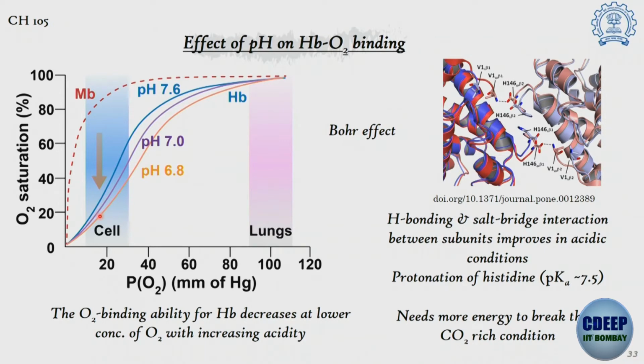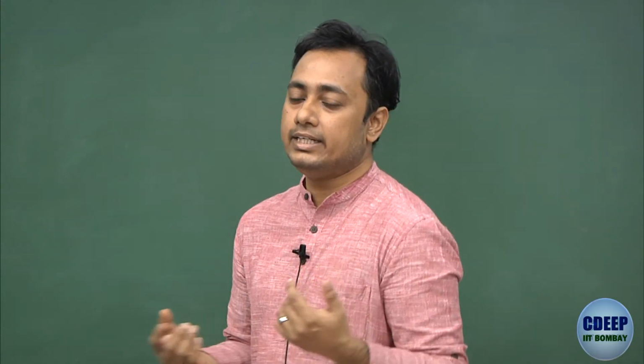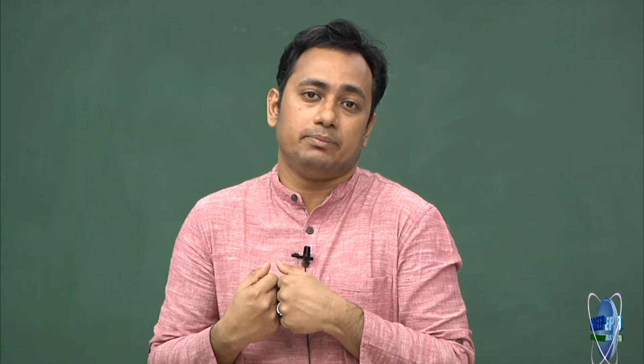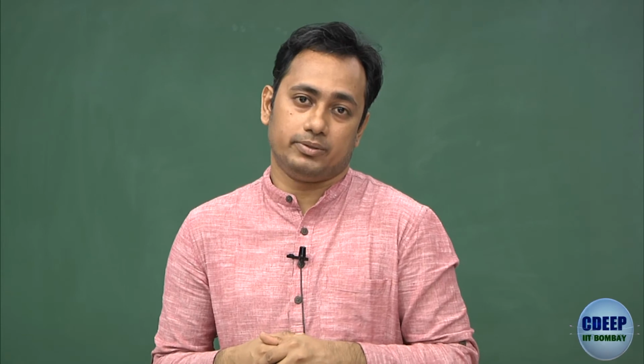So whatever oxygen is present in the hemoglobin in the cell will be released in the cell. That means the cell is trying to use whatever oxygen is available with the hemoglobin there. And that is actually a self-defense mechanism. When we are devoid of oxygen, we try to get out most of the oxygen present with this oxyhemoglobin.